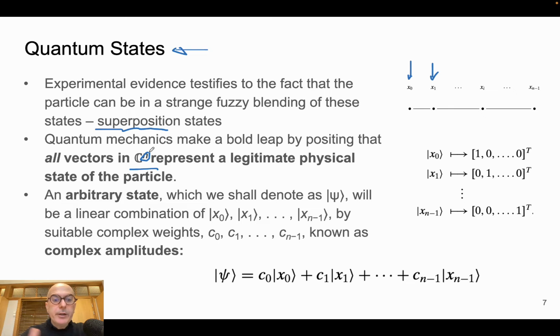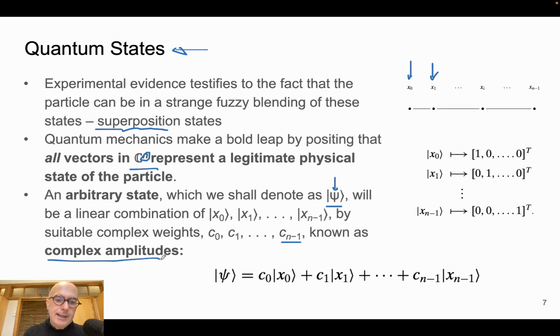An arbitrary quantum state that we denote as ket psi, using this Greek letter psi, is a linear combination of different quantum states x0, x1, until xn minus 1, by using suitable complex weights from C0 to Cn minus 1. These are the so-called complex amplitudes.